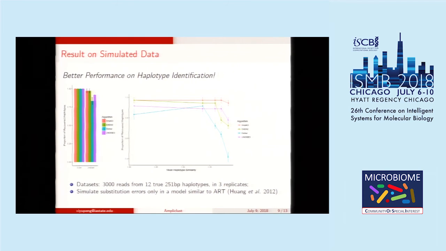The graph in red shows the performance on data sets with increasing similarity of the haplotypes, and our result is also the red line. The two graphs show that our algorithm is the most robust among all the data sets compared to all the other algorithms.